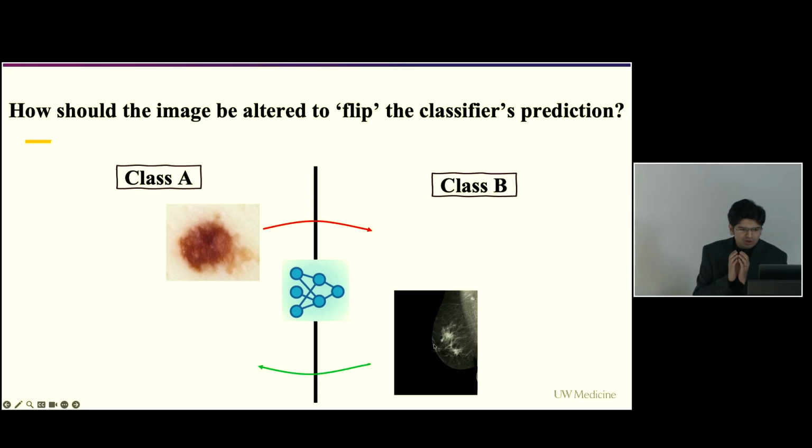Could we do some more realistic, clinically meaningful changes to these images and then try and understand whether it alters the predictions of the AI model or not? But the most important criterion is that these changes should still be realistic. It should still resemble the reference image that we are considering.